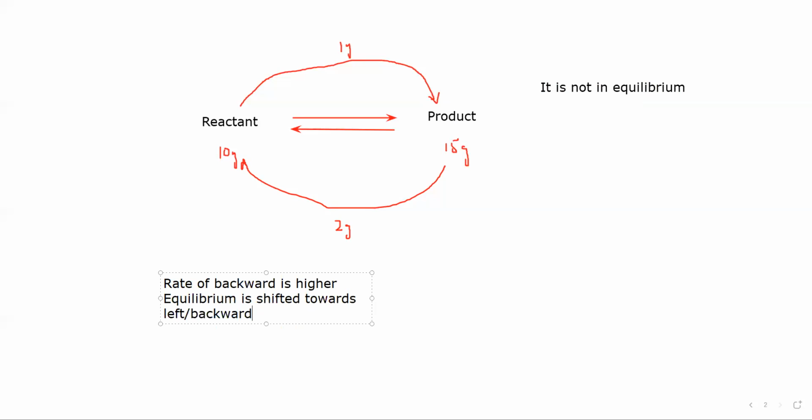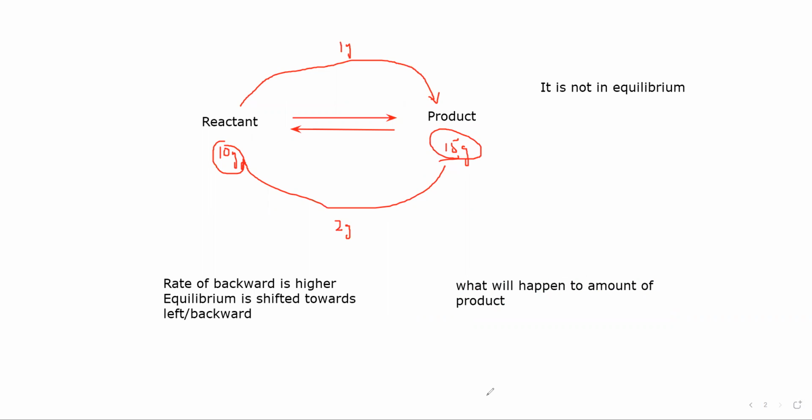So what will happen if the speed of the backward reaction is faster? Amount of product will increase or decrease? When we compare, originally it was 10 and 15, but out of 10, now 1 gram is forming a product, and out of 15, 2 gram is decomposing.